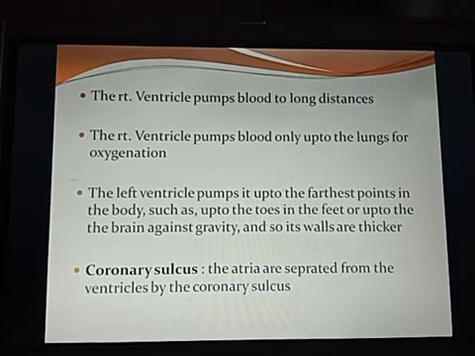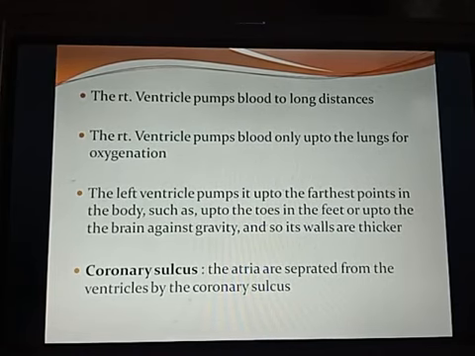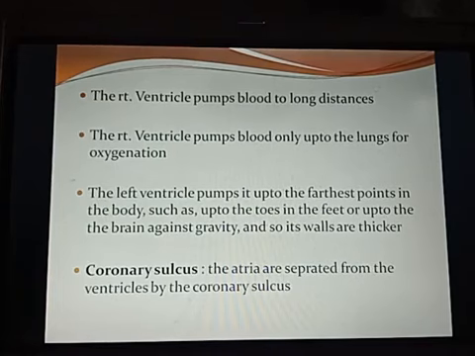The atria are separated from the ventricles by this separation, and this separation is termed the coronary sulcus. This is the point of separation which demarcates the atria from the ventricles. The auricle and ventricle are separated by this coronary sulcus. So you need to just know that the atria are separated from the ventricles by a coronary sulcus.